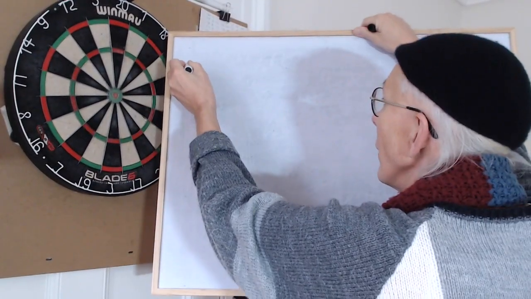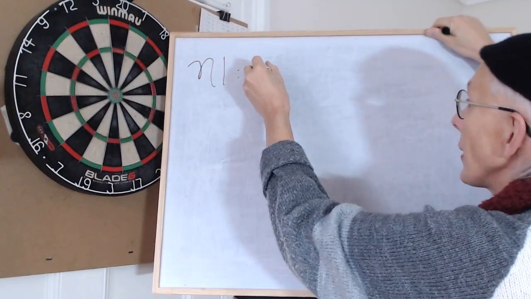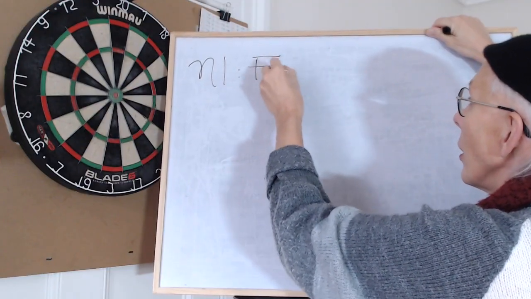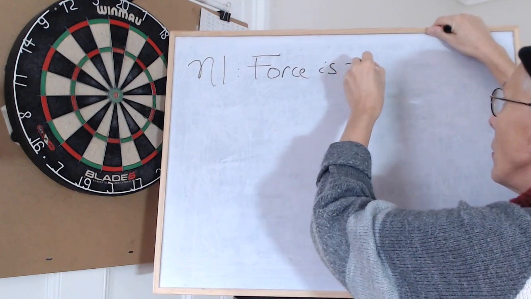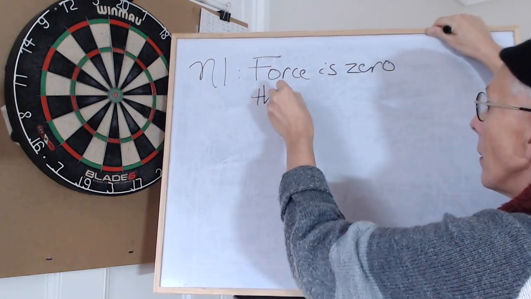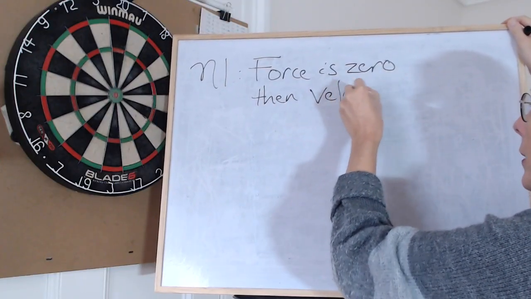So let's just do a really brief recap on Newton's first law, and let me just call that N1. What Newton's first law basically says is that if the forces acting on an object are zero, then the velocity of that object will be constant.